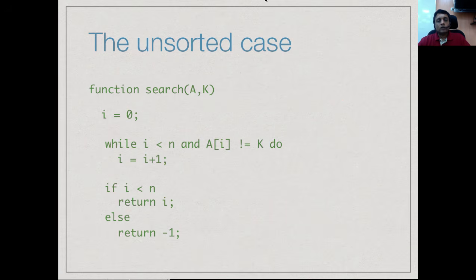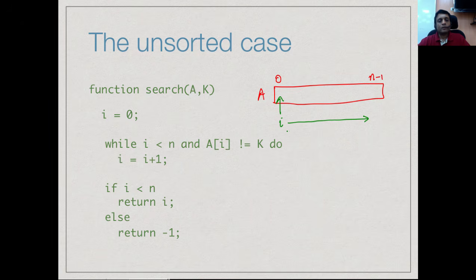In the unsorted case, we have no choice basically. We have a sequence A which runs from 0 to n minus 1. We must look at all the values because we have no idea where k may be. A systematic way to do it is to start with position 0 and scan all the way to n minus 1. We have this loop here which scans.